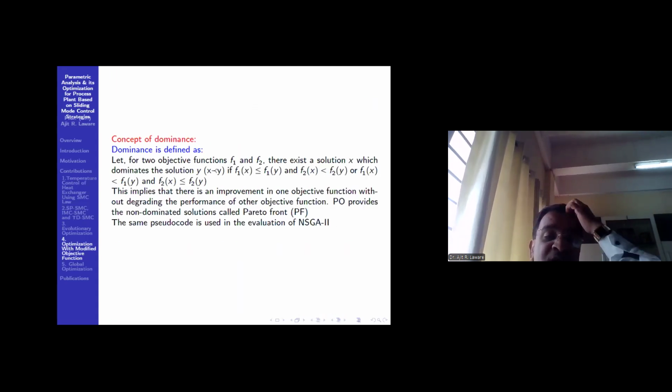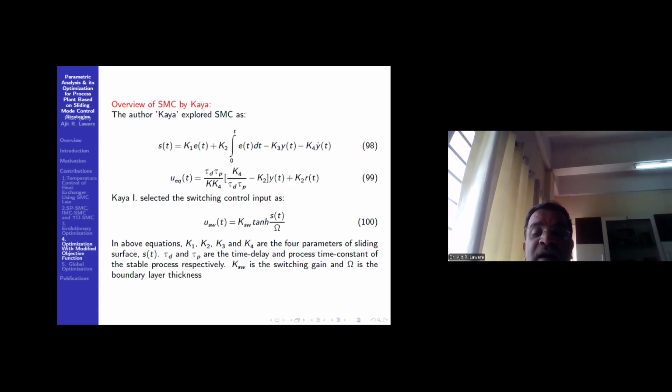Here the concept of dominance is there already. We have seen the Pareto front. In the Pareto front, the concept of dominance is given by: X dominates Y if F1X is less than or equal to F1Y and so on, as per the expression.